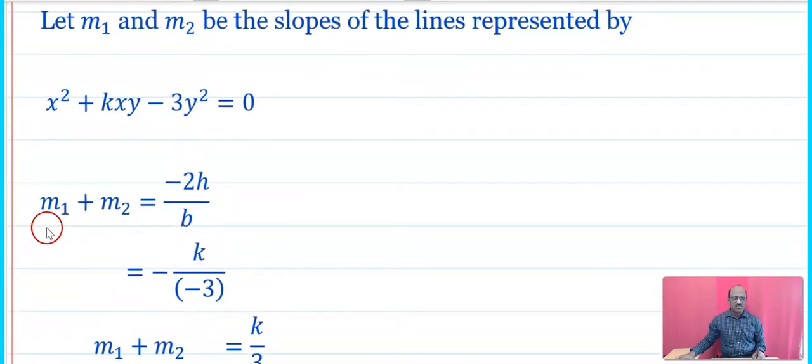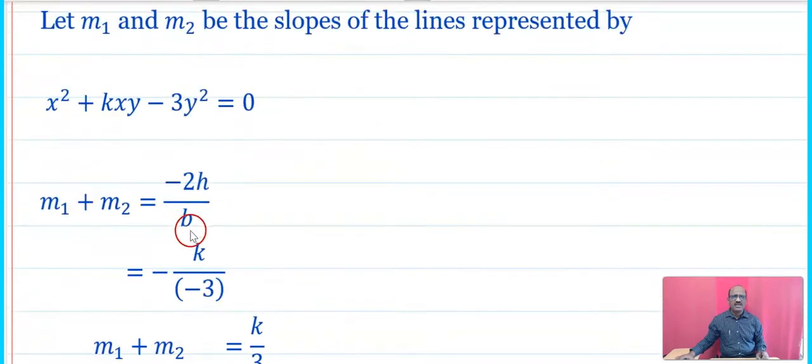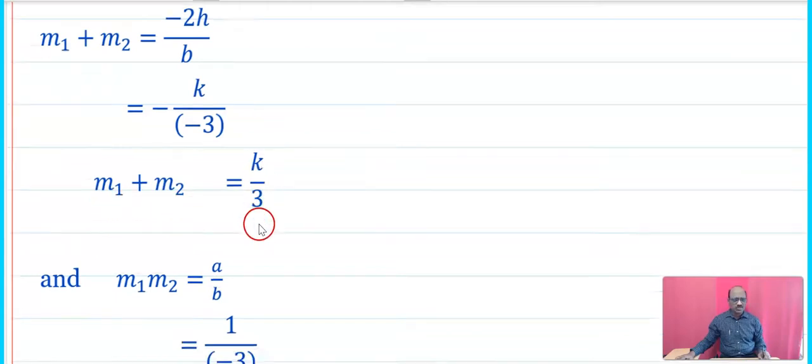Sum of the roots, that is m1 plus m2, is equal to minus 2h upon b. The value of 2h is k, and that's why it is minus k, and b is minus 3. This minus and minus will become plus. Therefore, m1 plus m2 is equal to k upon 3.